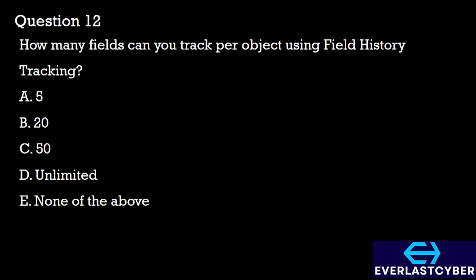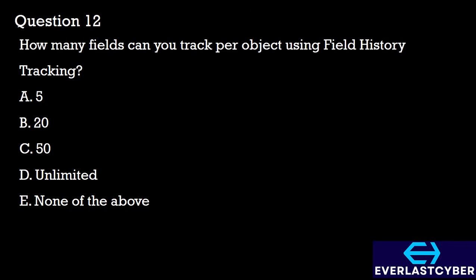Question 12. How many fields can you track per object using field history tracking? A. 5, B. 20, C. 50, D. Unlimited, E. None of the above. Option A, 5 is too low for the standard limit in Salesforce.